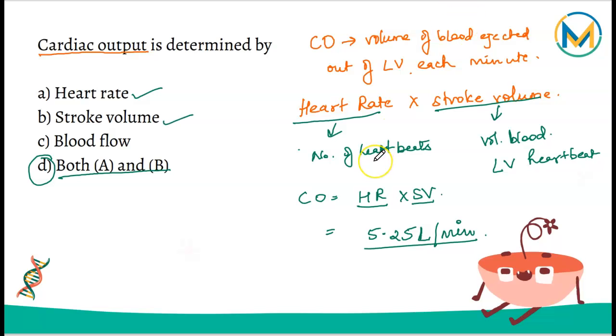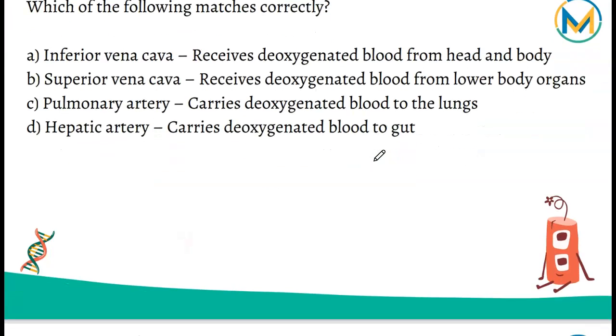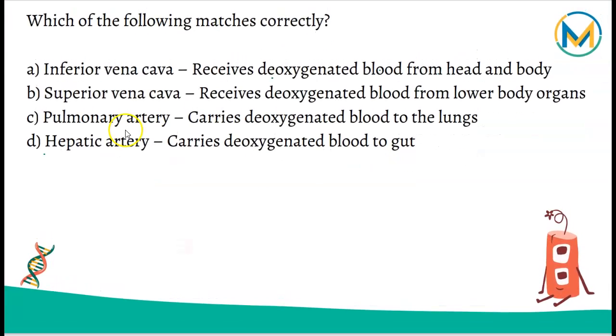The next question we have here is this one. One of the following matches correctly. Inferior vena cava receives deoxygenated blood from head and the body. Superior vena cava receives deoxygenated blood from lower body organs. Pulmonary artery carries deoxygenated blood to the lung, and hepatic artery carries deoxygenated blood to the gut.